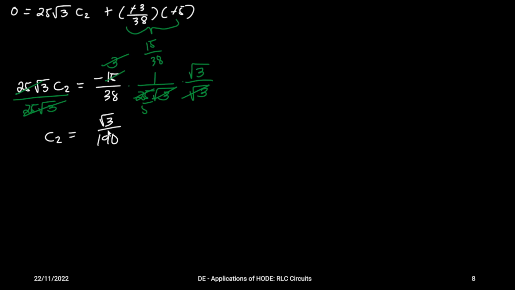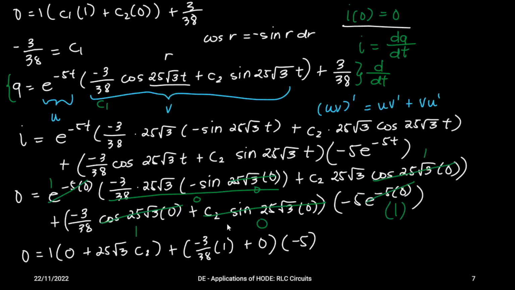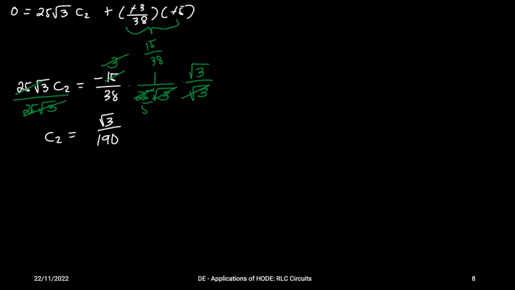So ito na ngayon yung ipaplug natin pabalik dun sa ating nakuha na general solution kanina na mayroon ng C1. Ano yun? Ito yun. Ayan, itong buong to. Okay, so we have Q. Therefore, we have our final answer. So we have, dito ko nalalagay, Q is equivalent to E raised to negative 5t, multiply to, what's our C1? Diba, we have negative 3 over 38.